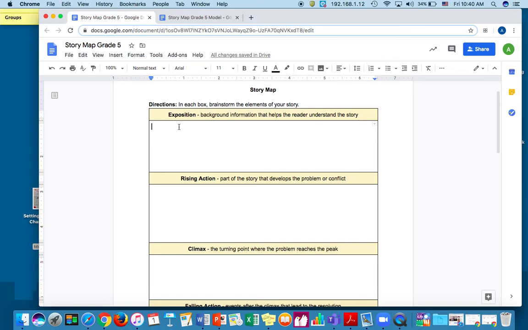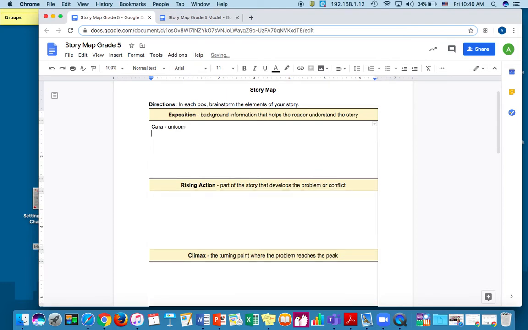So if I'm thinking about My Secret Hero, the characters are Kara, who is a unicorn, and there's the narrator, who I named Cleo, but she doesn't have a name in the story. The setting is in a normal town. It's probably morning because she's waiting for the bus.